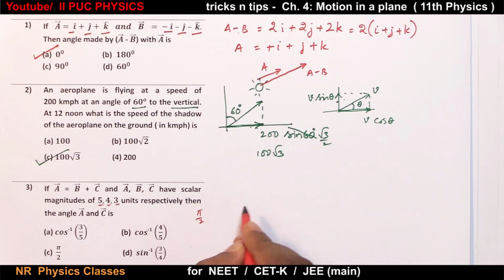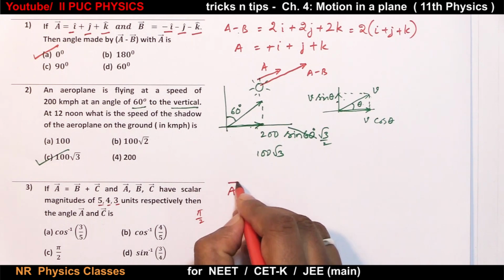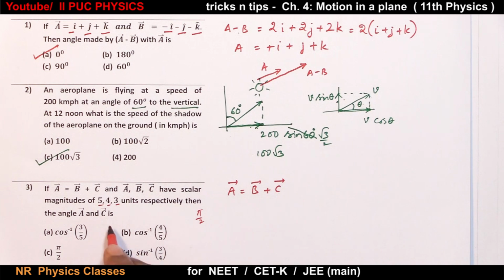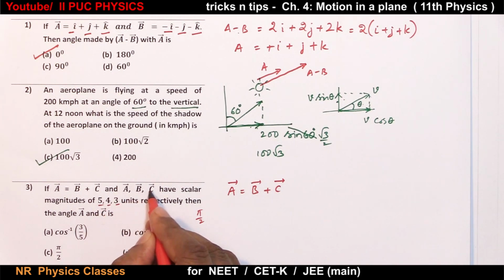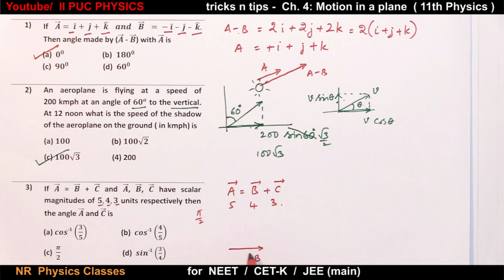But please draw the diagram and analyze. A equals B plus C, fine, 5, 4, 3. So the corresponding diagram is: this is B, this is C.